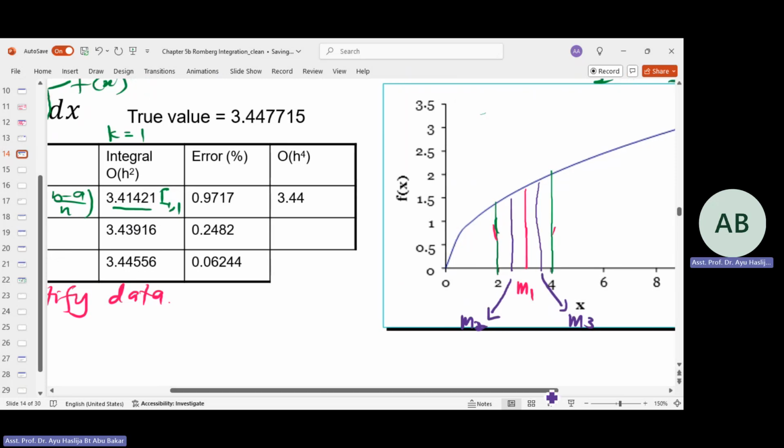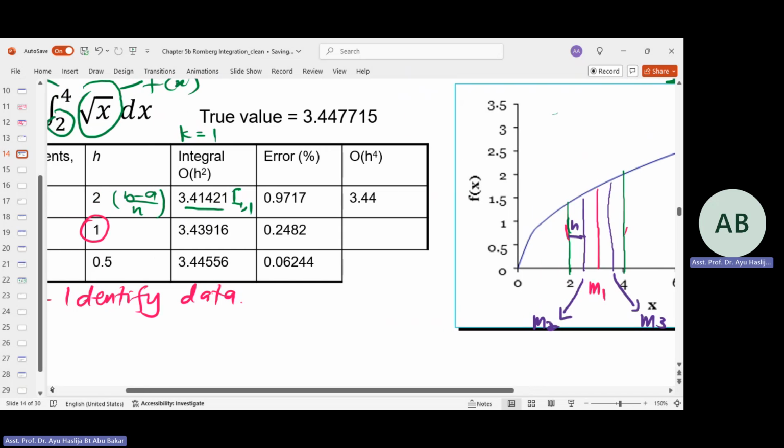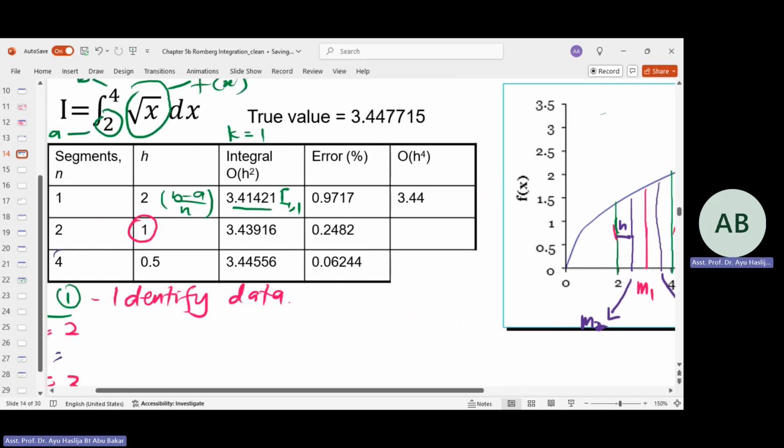M2 uses this value of H, which is 0.5. When you have 4 segments, your H gets smaller, to 0.5.